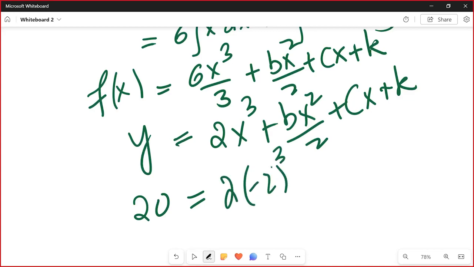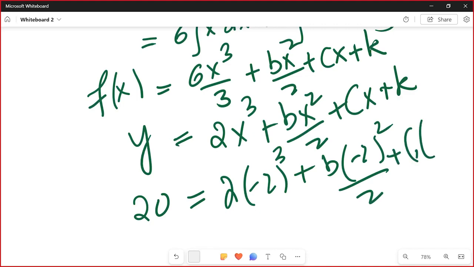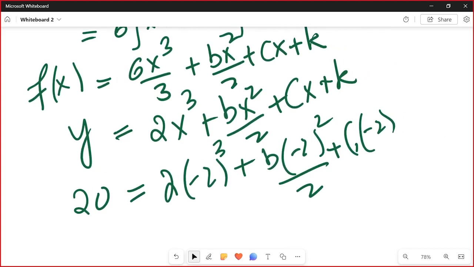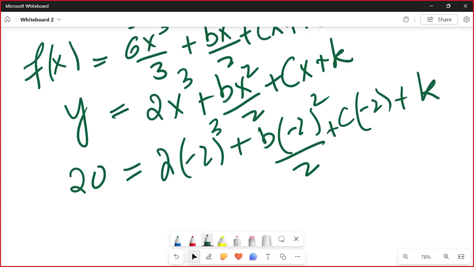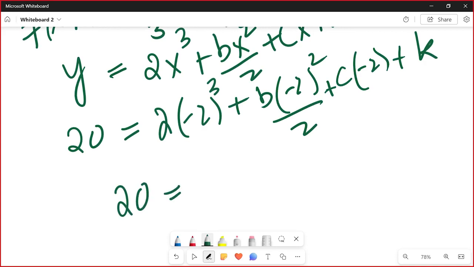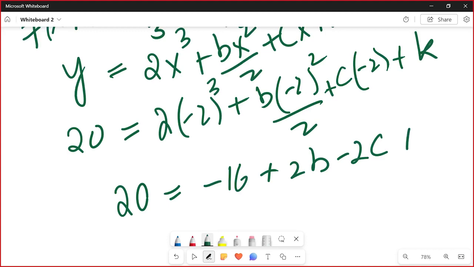So 20 is equal to 2 times minus 2 cubed plus b times minus 2 square over 2 plus c into minus 2 plus k. So 20 is equal to minus 16 plus 2b, because minus 2 square is plus 4, minus 2c plus k.